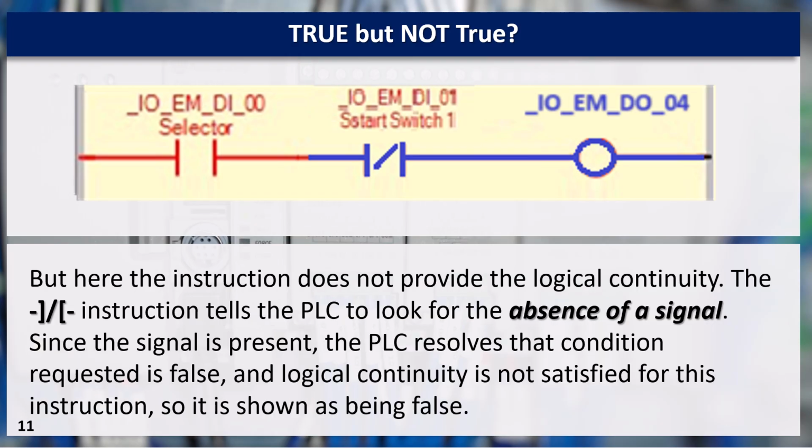But here, the instruction does not provide logical continuity. The reverse contact instruction tells the PLC to look for the absence of a signal. Since the signal is present, the PLC resolves that the condition requested is false, and the logical continuity is not satisfied for this instruction, so it is shown as being false.